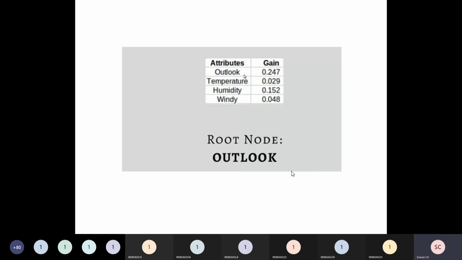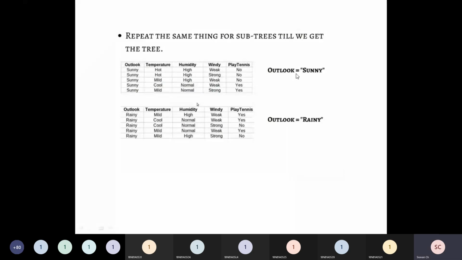So what we will do, we will move on. Now I will see whenever Outlook is sunny, how many examples are there from the training data set, from my main data set. Now I am trying to divide it into subsets based on Outlook value sunny and Outlook value rainy.